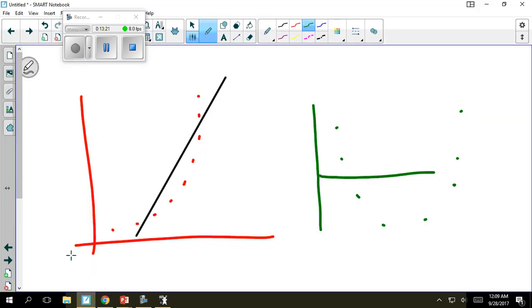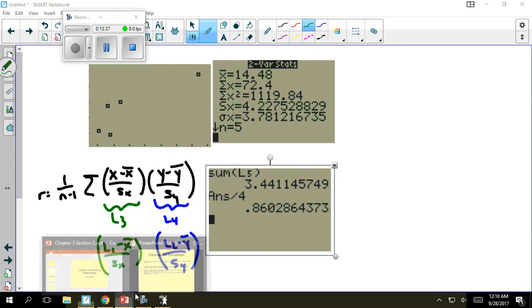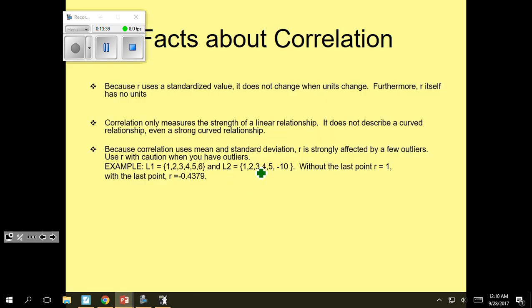Correlation is based on the mean and the standard deviation. Now, are the mean and the standard deviation resistant or non-resistant? They're non-resistant. So correlation is non-resistant. The example I gave here, I showed two data sets, 1, 2, 3, 4, 5, 6 and 1, 2, 3, 4, 5, negative 10. So the points were looking pretty good, 1, 1, 2, 2, 3, 3, 4, 4, 5, 5.